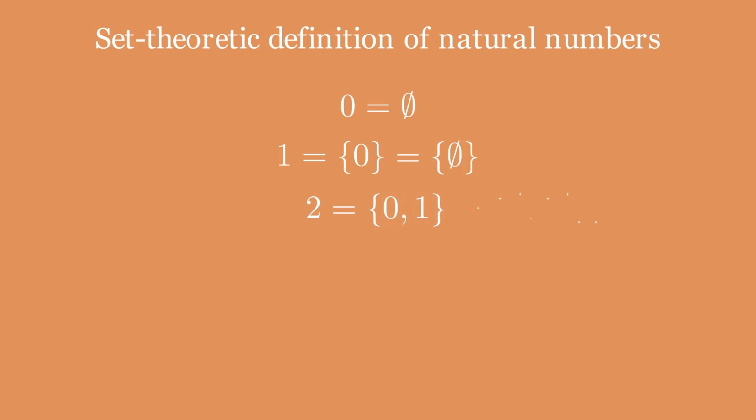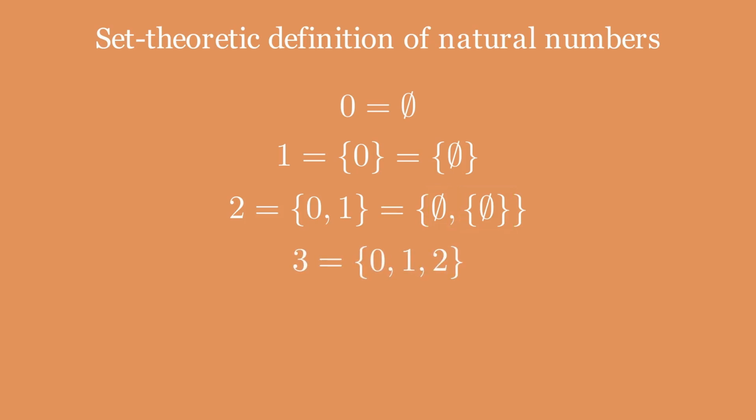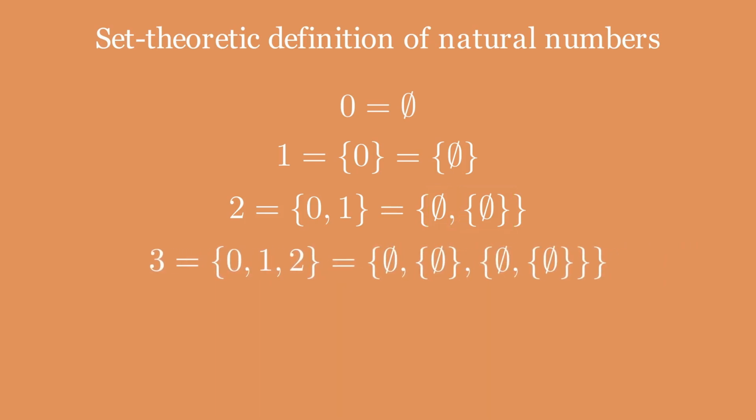This can be written purely in terms of other sets as well, since we have already defined them above. Now, the same holds for our fourth number, call it 3, and let it be the set containing 0, 1, and 2, which can also be expressed purely in terms of sets.